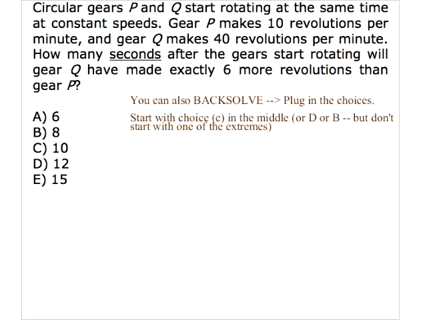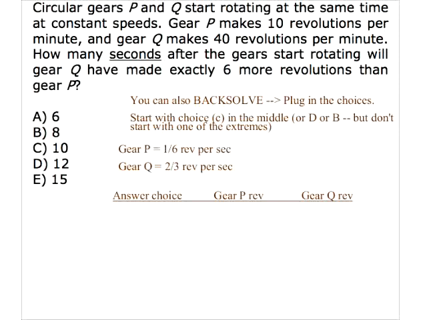So remember that gear P is 1/6 revolution per second, and gear Q is 2/3. So answer choice, gear P revolutions and gear Q revolutions. If the answer choice is C, then gear P goes 10/6, that's 1 2/3.